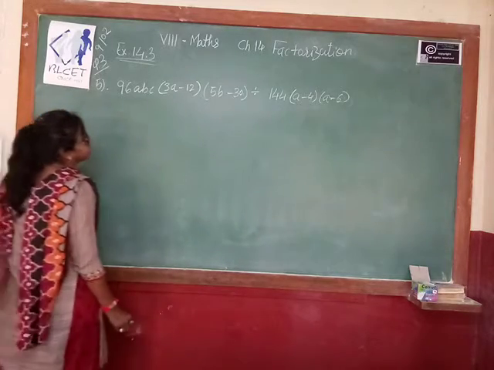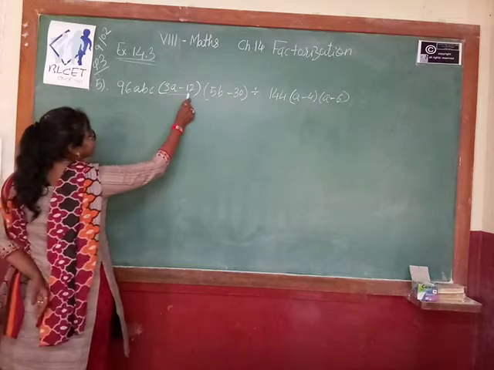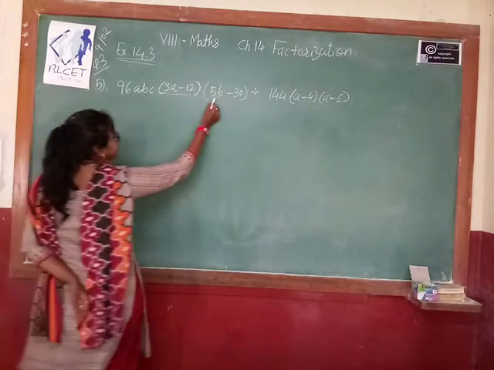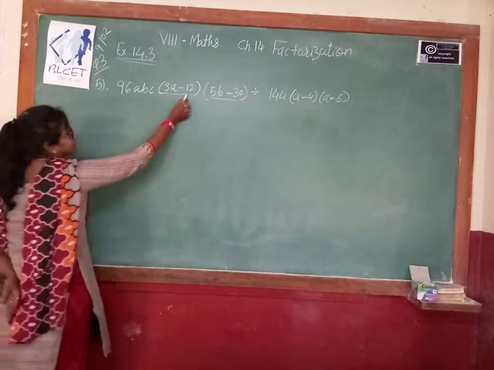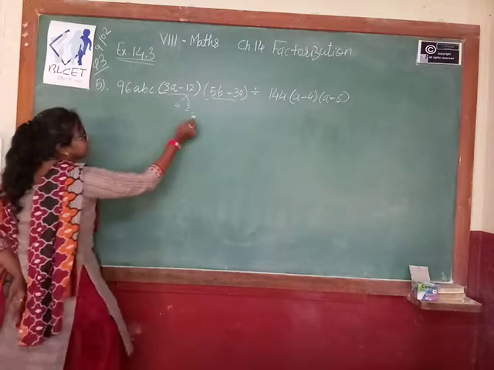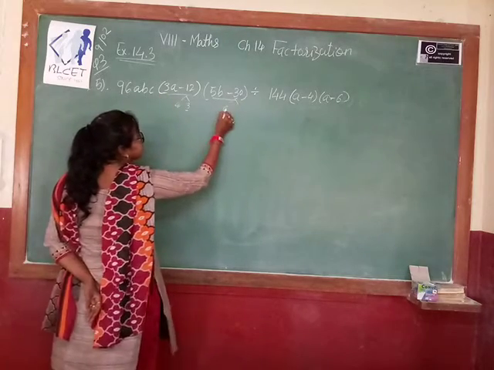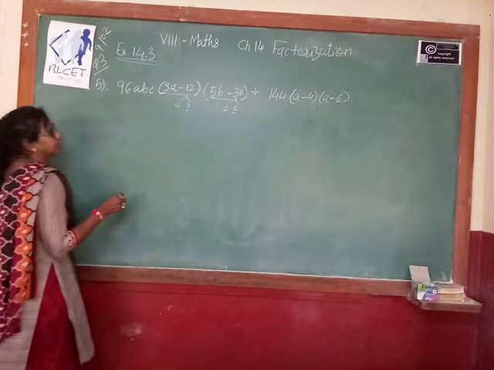So we know that we can take common from this. So first that we will do. So we know that 12 means 4 3s are 12. So 3 is common. 30 means 6 5s are 30. 5 is common. So that we will take out. Okay.